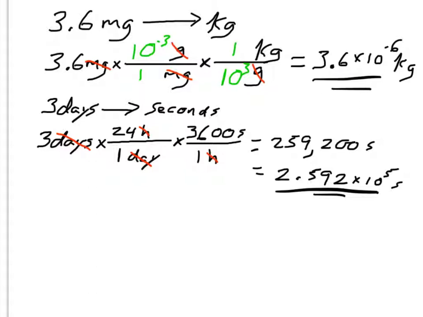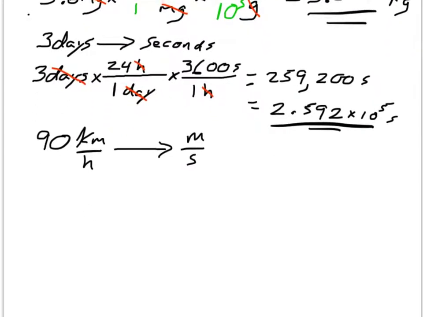Okay, last example that I want to go through. Let's say that you're driving at 90 kilometers per hour. If you've ever been to Europe driving, you know they use kilometers per hour instead of miles per hour. Well, the SI unit for speed or velocity is meters per second. So we need to turn that into meters per second.